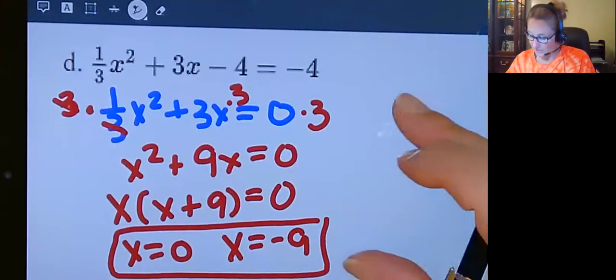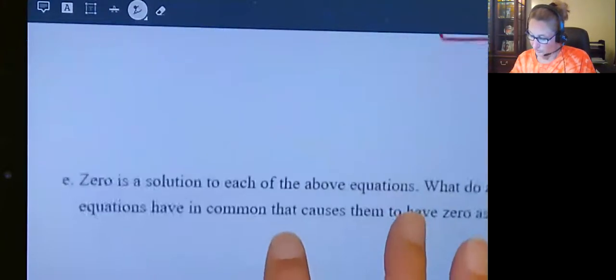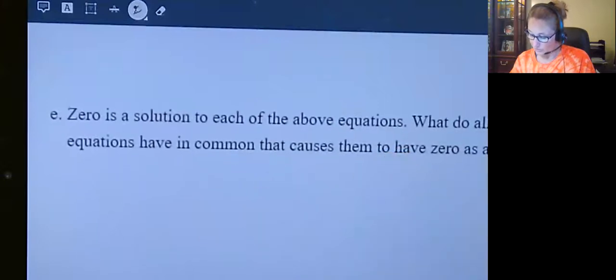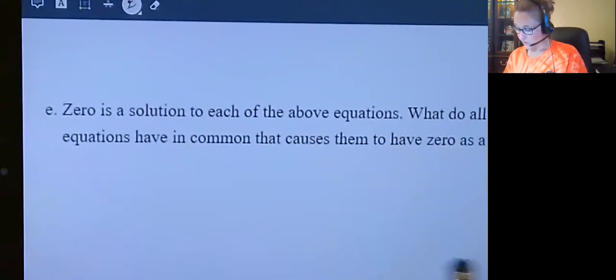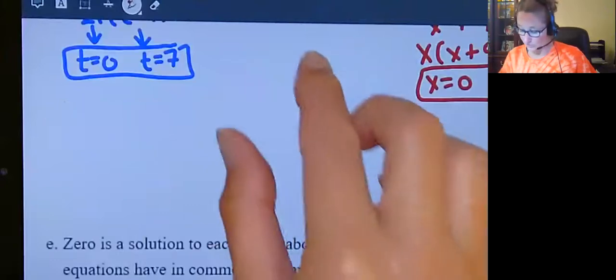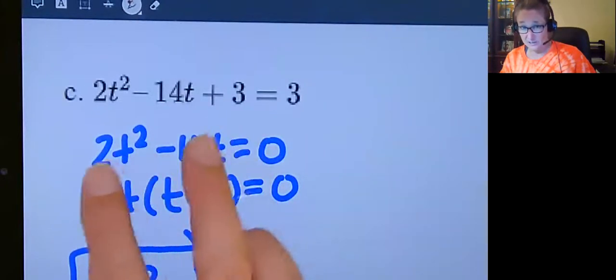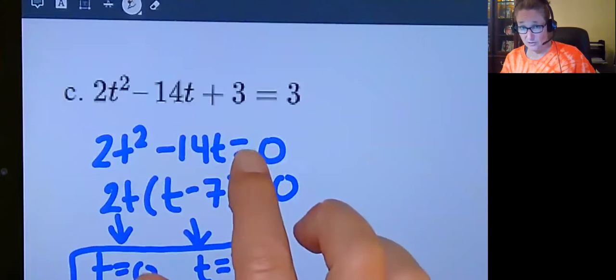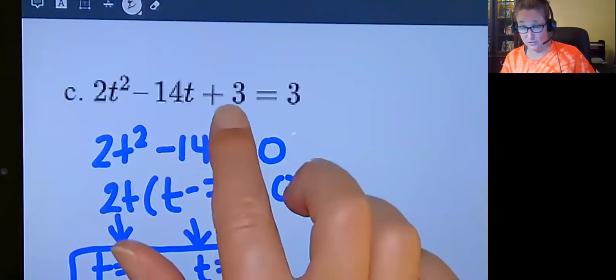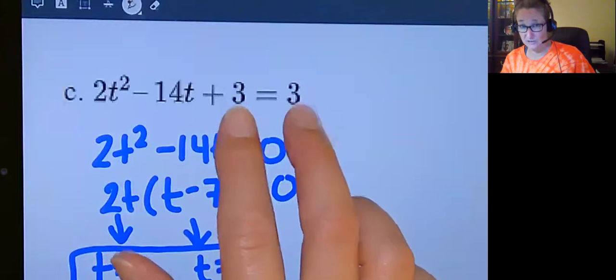Now on E, they're asking us, 0 is a solution to each of the above equations. What do all the above equations have in common that causes them to have 0 as a solution? The reason all of these have 0 as a solution is because once I got them cleaned up, none of them had a constant term. At first it looked like we had a constant, but when I got my numbers on the same side, they canceled out.